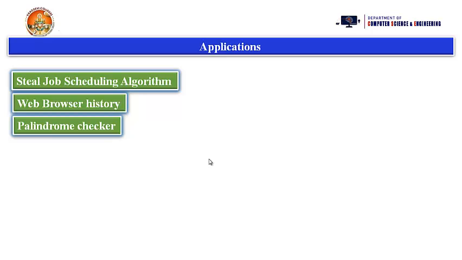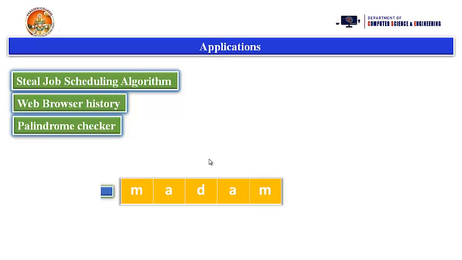Then the palindrome checker. What is a palindrome? Suppose you take the word madam. If you reverse the word, again we get the same spelling, that is madam only. So this is a palindrome. To check whether a string or number is a palindrome or not, we can use the double-ended queue. I DQ the first element m from the front, and I DQ the element from the rear end also, and check whether both characters are the same or not.